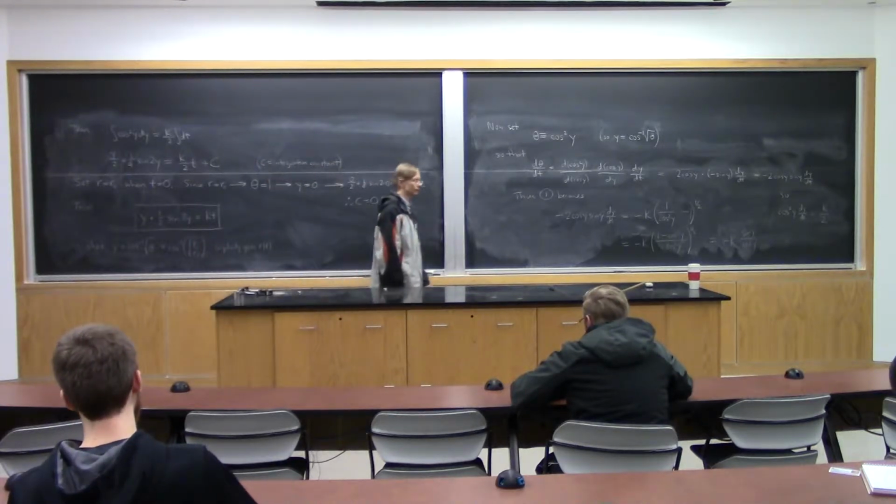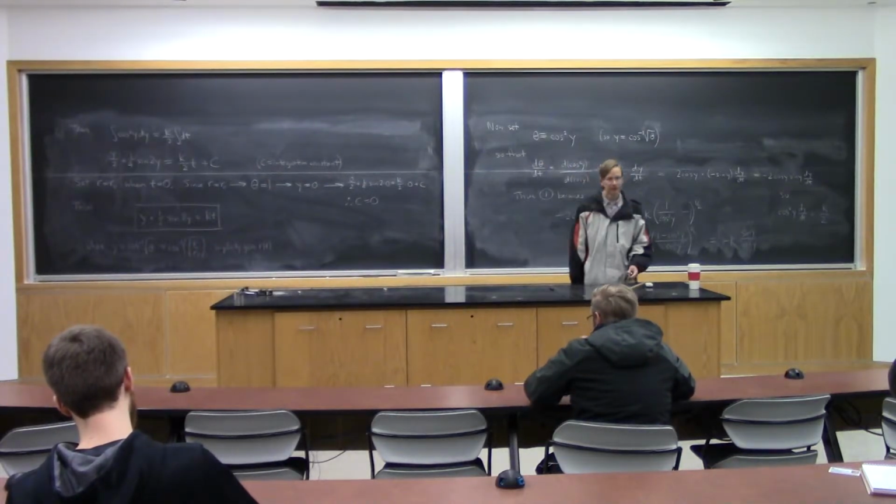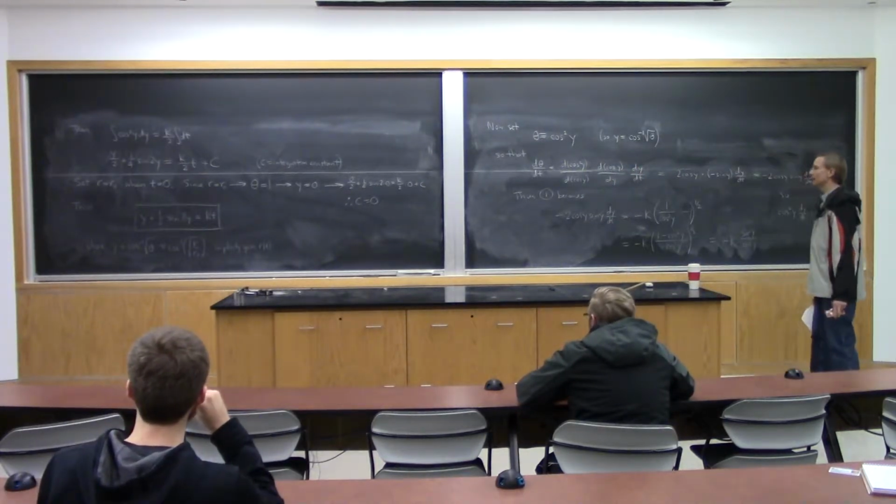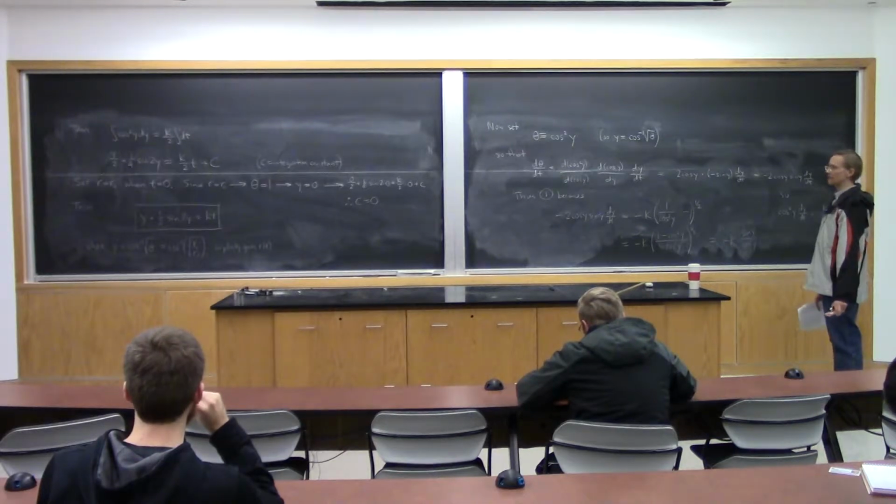So we weren't able to solve for r as a function of time. We didn't even really solve for y as a function of time, but we do have an expression for time as a function of y.